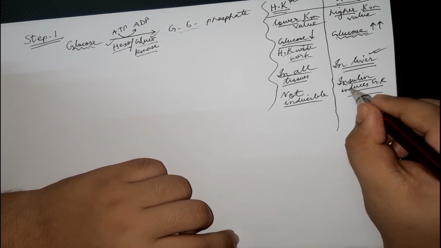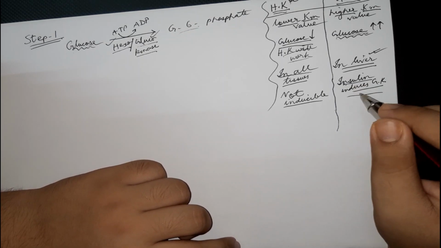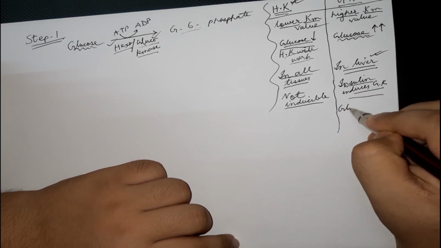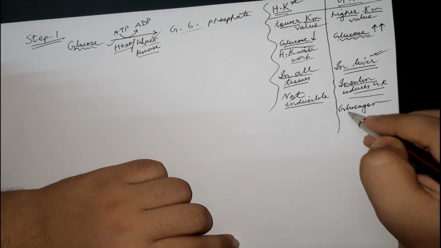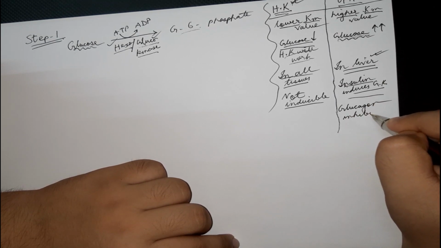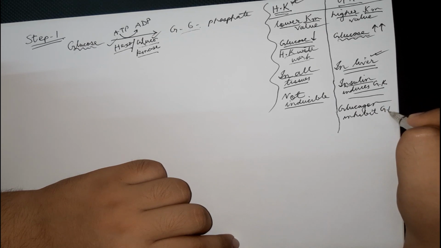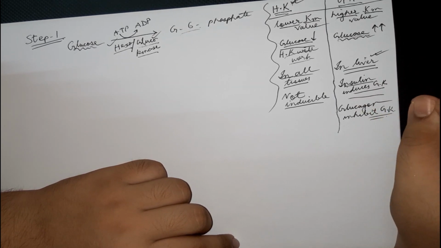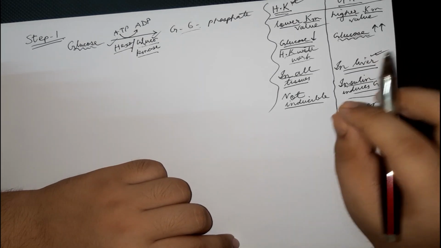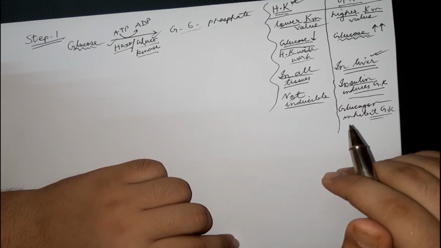Glucagon. So insulin induces glucokinase, glucagon will actually inhibit glucokinase. We'll talk about this later in detail when we talk about the regulation of glycolysis.